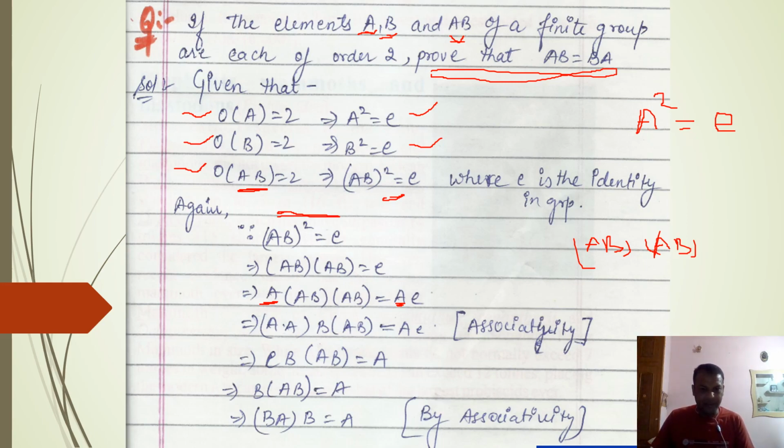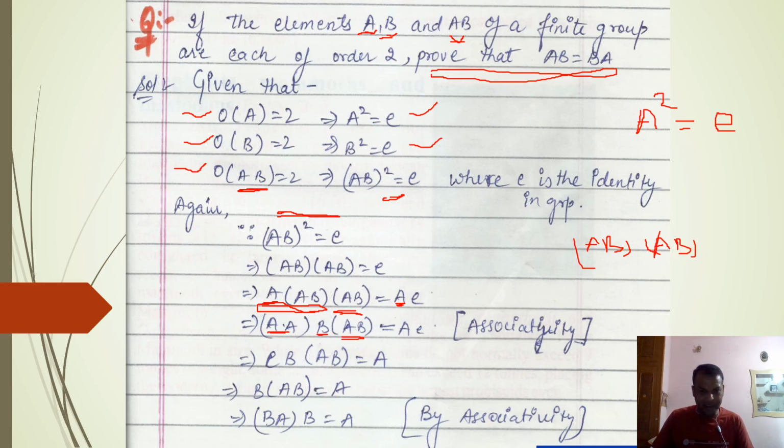Now we will apply associativity on these elements and leave the last element as it is. So this composition can be written as AA into B, and this is AB, the last element which remains as it is.